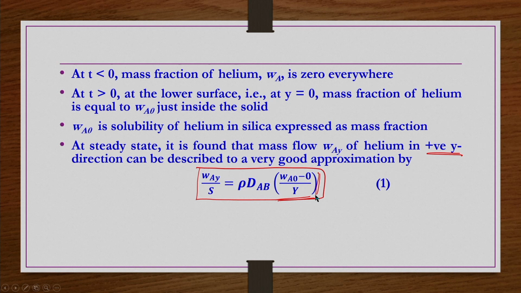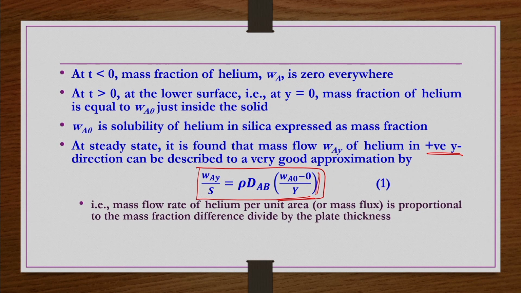Here we have taken only one direction for simplicity. Whatever y is there, that is the positive y direction, the direction in which the species is diffusing, and A is the component that is being diffused. So, the mass flow rate of helium per unit area, or mass flux, is proportional to the mass fraction difference divided by the plate thickness.